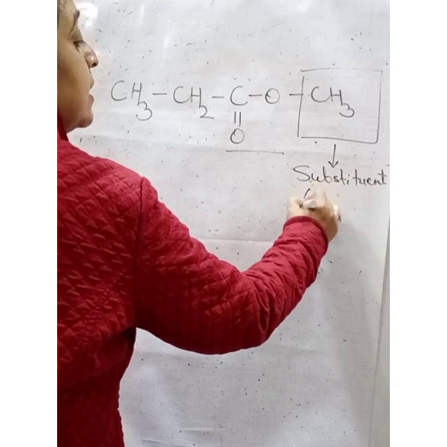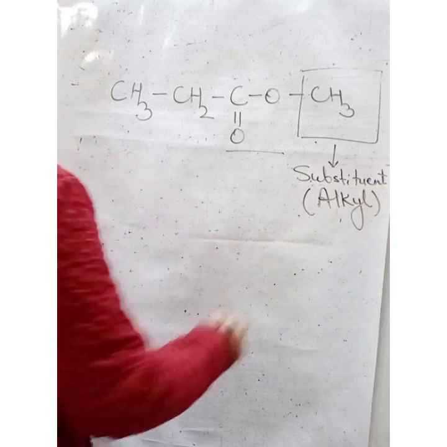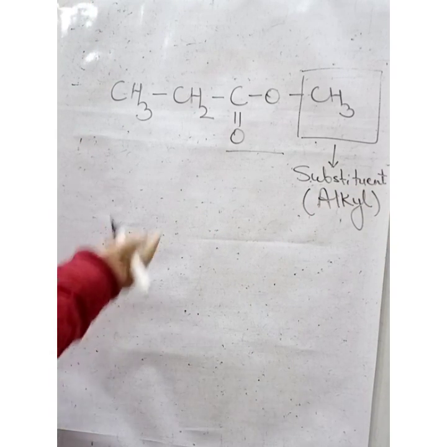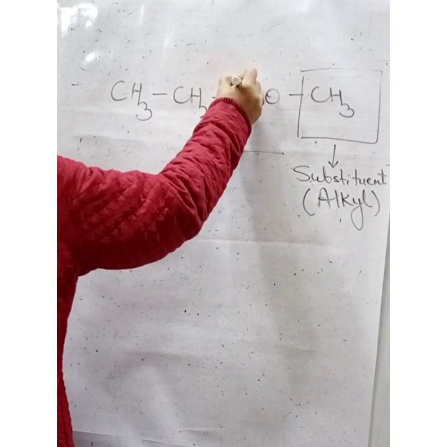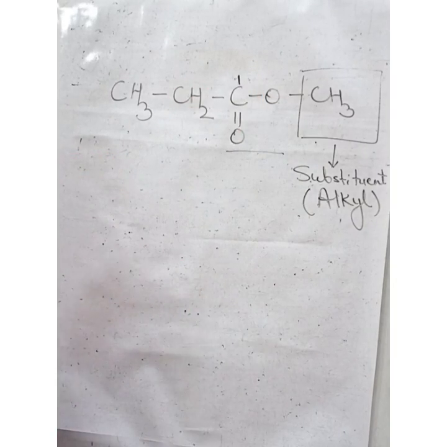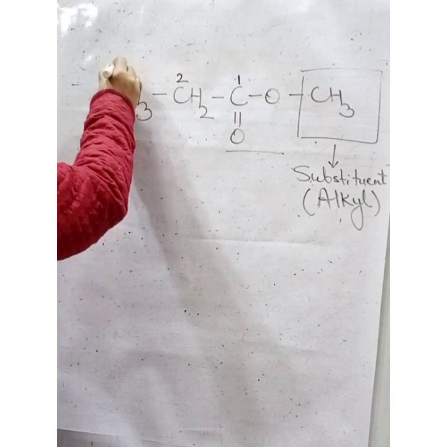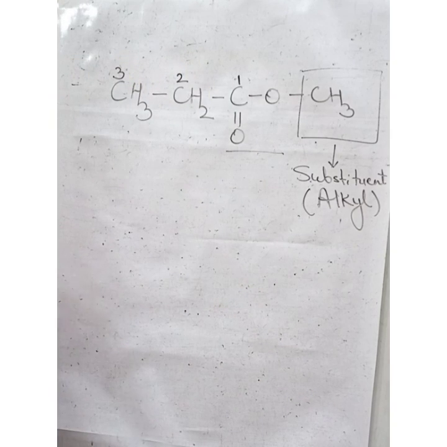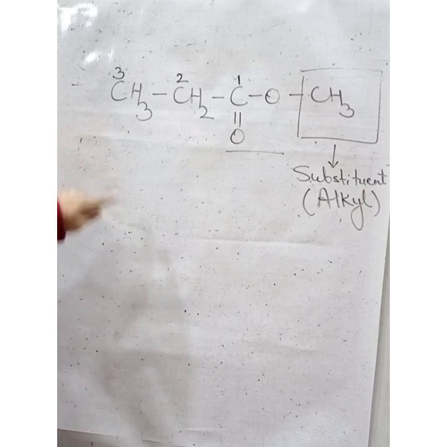And here the substituent present is an alkyl group. Now the carbon containing the functional group ester is given the lowest numbering 1, and we continue numbering on the left hand side of the compound. So we have numbered all the carbon atoms which are present on the left hand side.